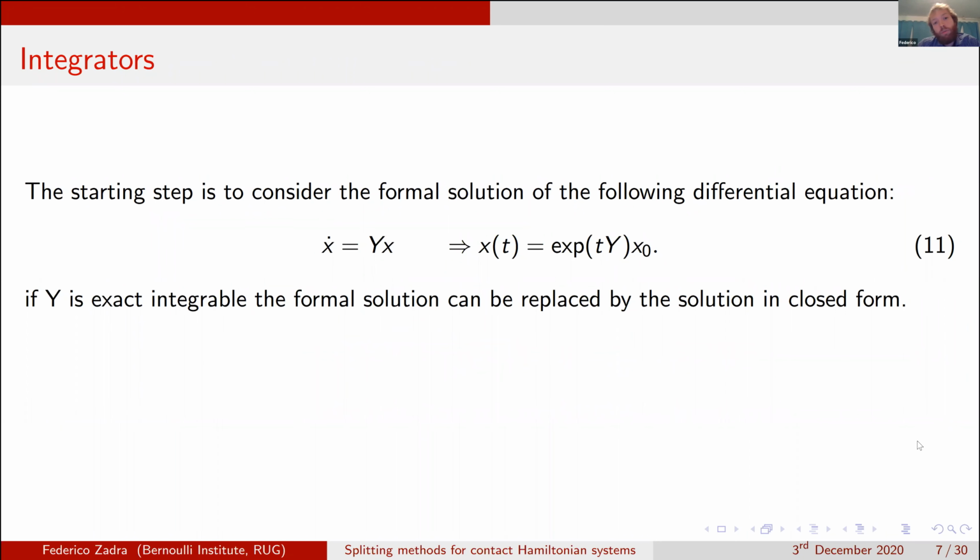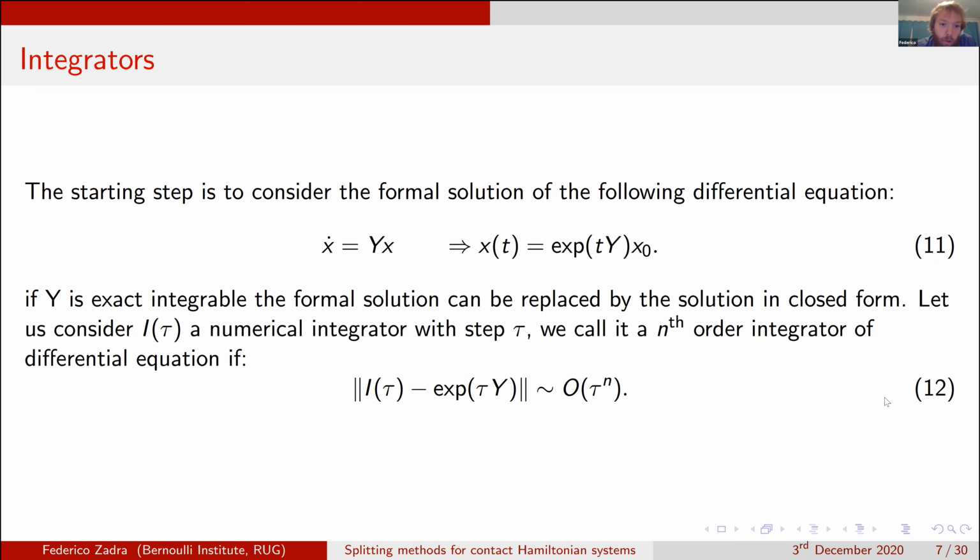So let's go to the integrator. We want to integrate a differential equation that usually we see in 11. To any differential equation we will have a formal solution that can be replaced with the solution in closed form when we have it. In particular, we want to have it in our case, but we will see it later.